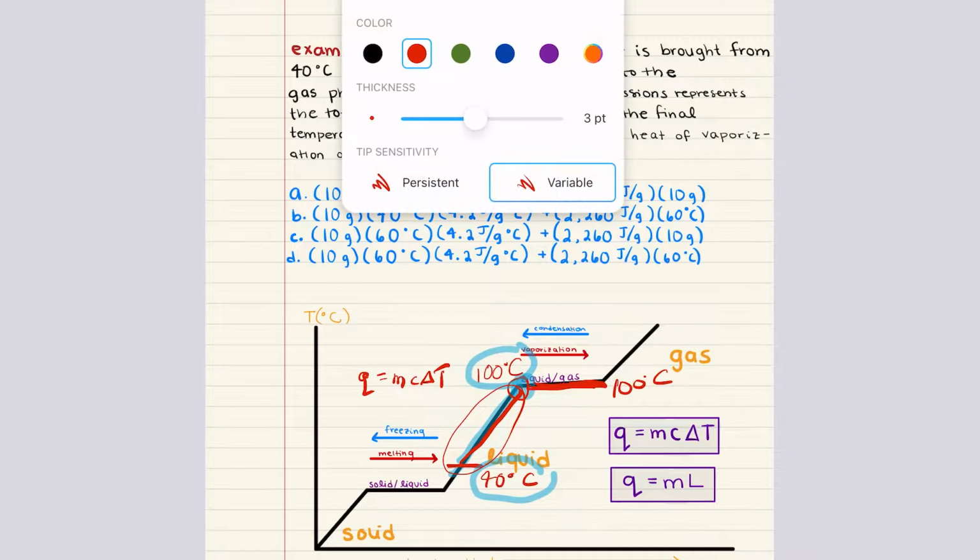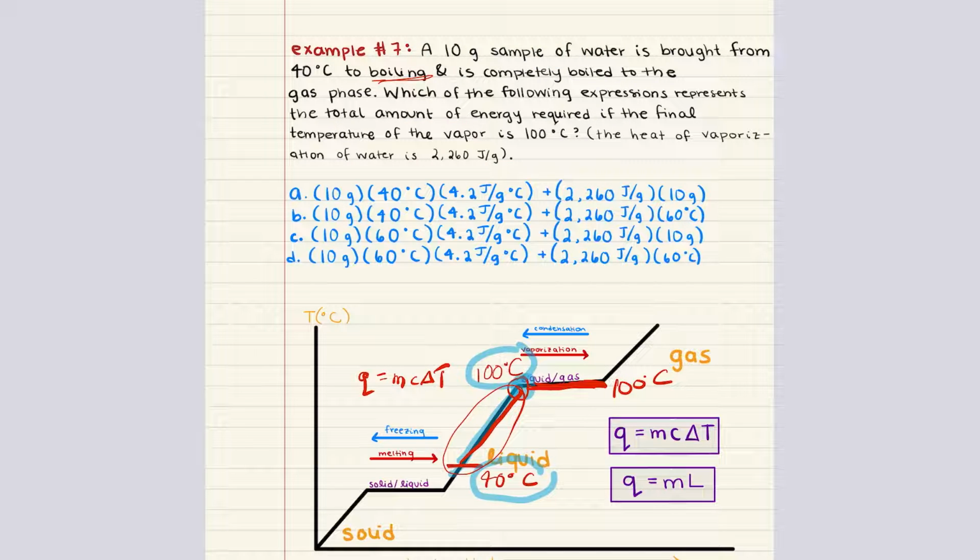Then we would use a different expression to describe the heat change or the energy change for the second segment, where we stay at 100 degrees Celsius, but we have that phase transition from liquid water to vapor. And we're going to use this equation to describe that process, Q equals mL, where L is the latent heat.